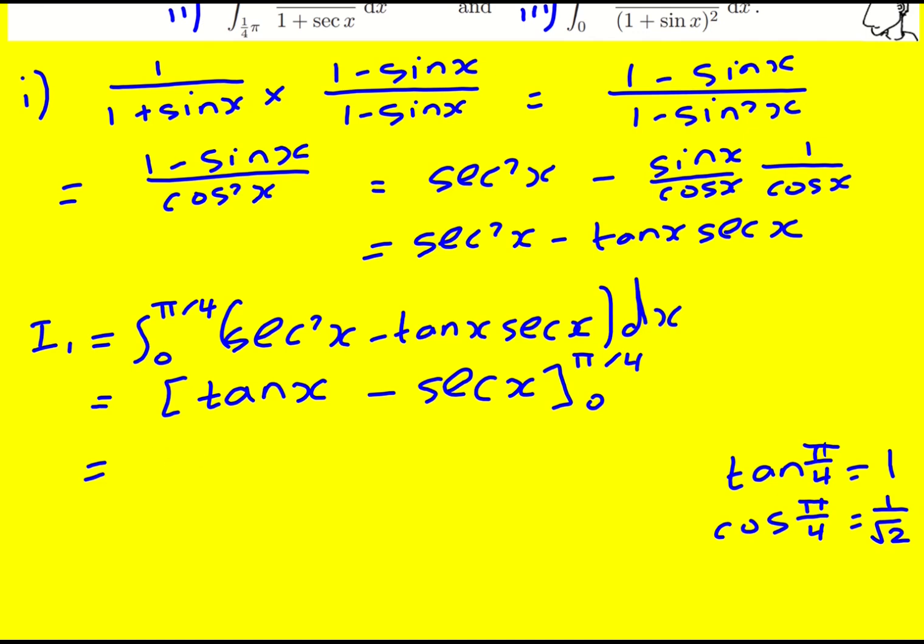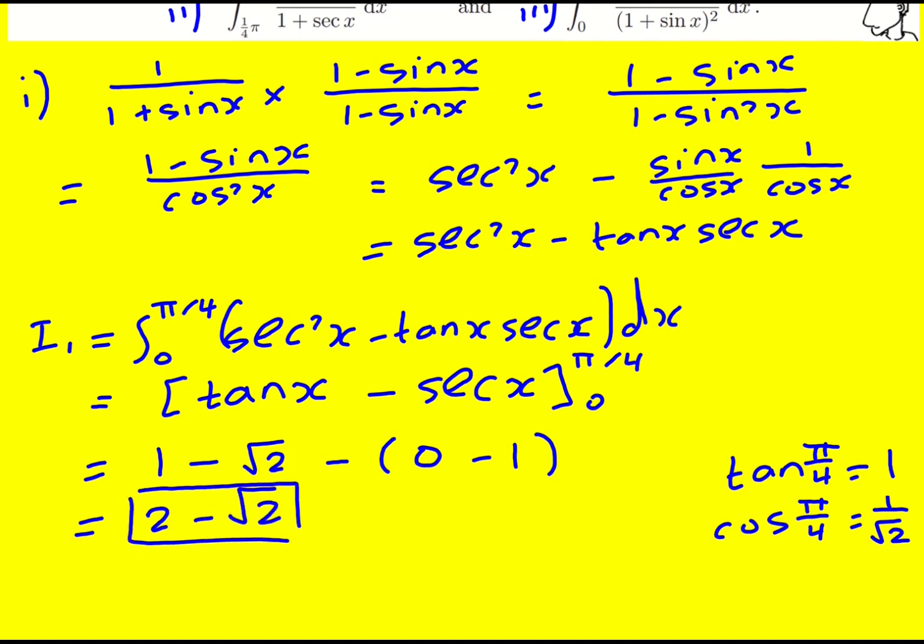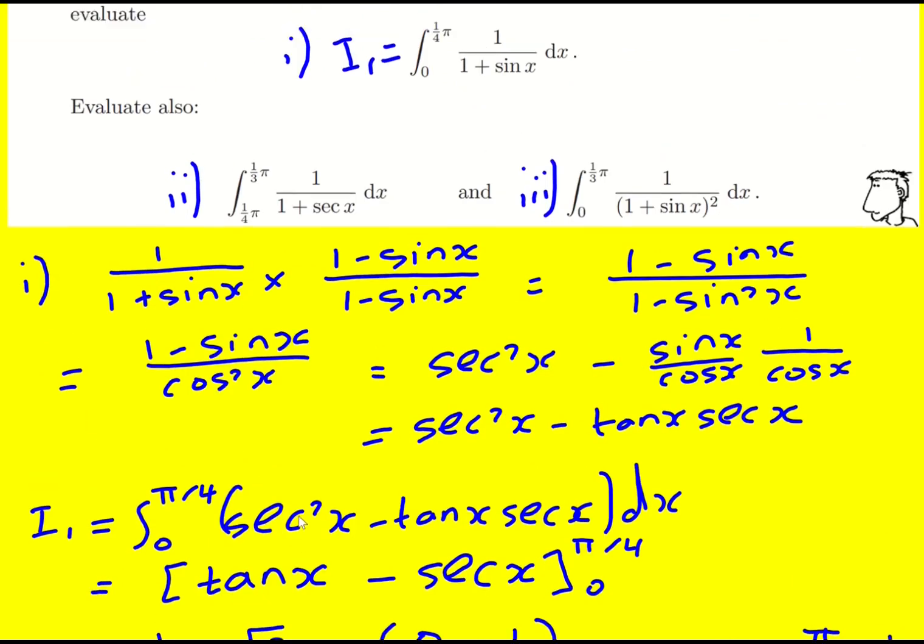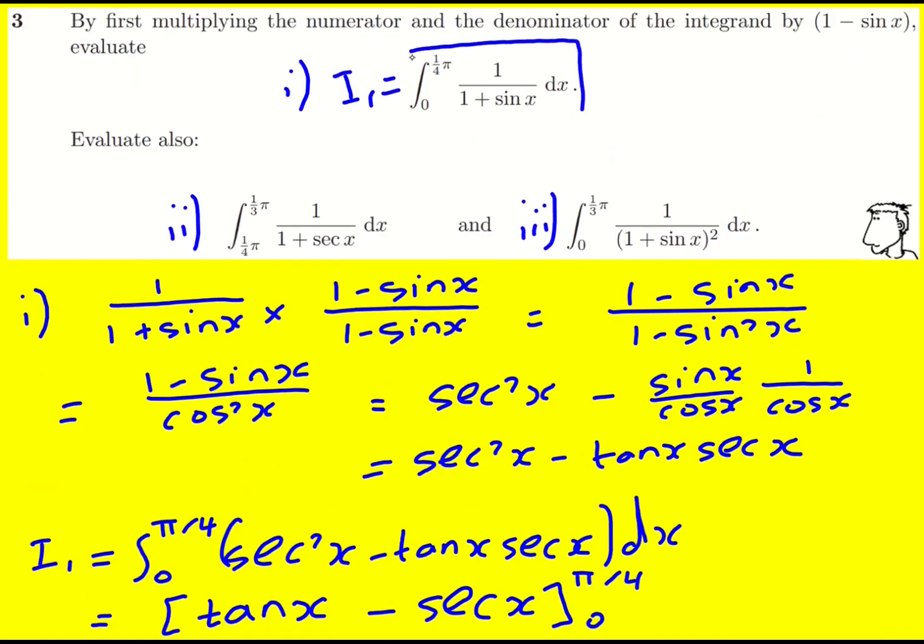So tan of pi over 4 is going to be 1, minus sec of pi over 4 is going to be root 2. And I'm going to be minusing tan of 0 is 0, cos of 0 is 1, so I'm going to be minusing 1 here, which gives me my answer of 2 minus root 2. Okay, that is our solution for the first integral.